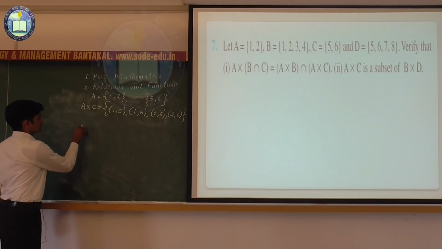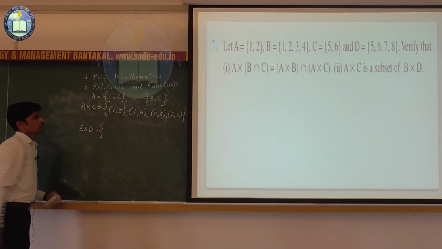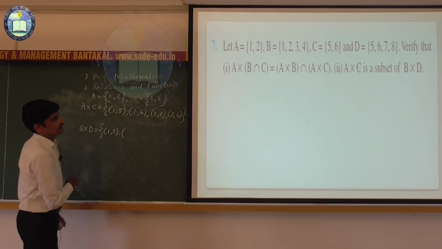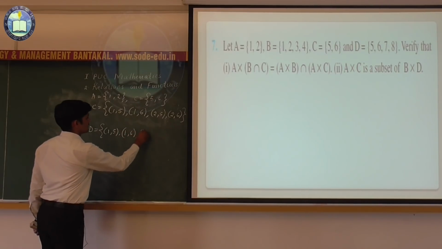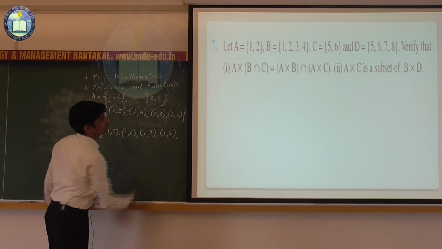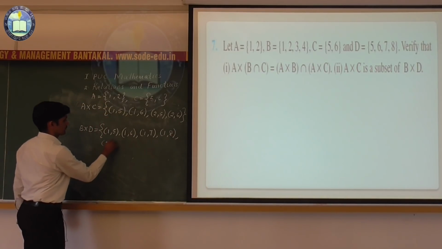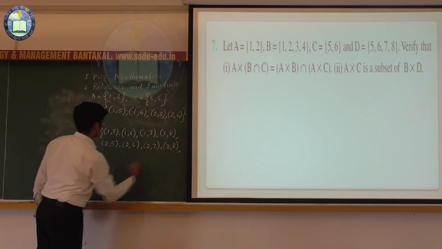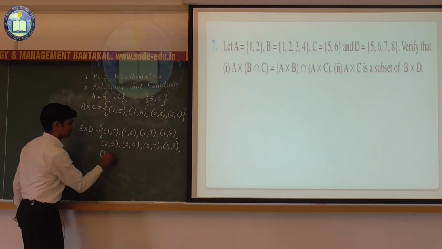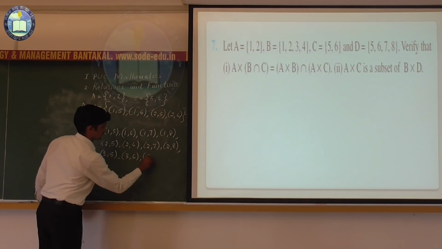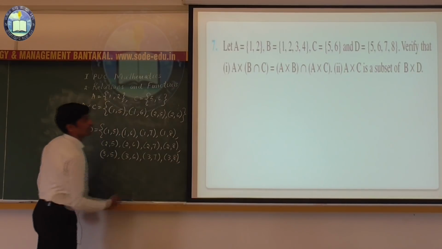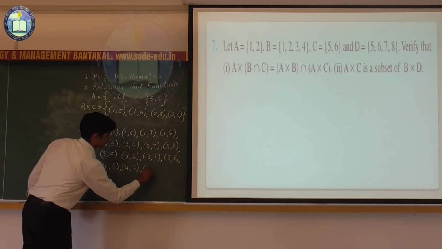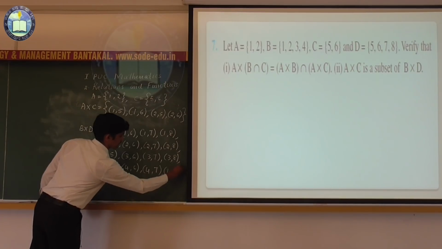Then B cross D is equal to (1, 5), then (1, 6), (1, 7), (1, 8), then (2, 5), (2, 6), (2, 7), (2, 8), then (3, 5), (3, 6), (3, 7), (3, 8), then (4, 5), (4, 6), (4, 7), (4, 8).